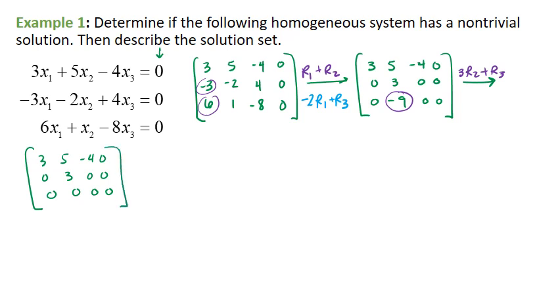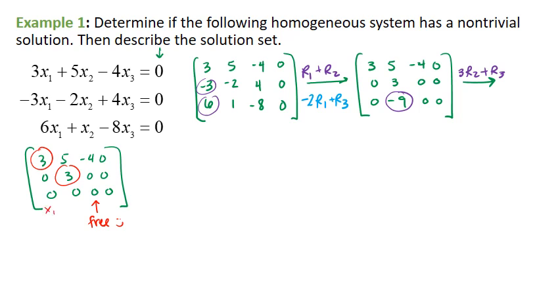Okay, so these are our pivots. We will eventually want to make these 1. But here we will notice that we don't have a pivot, and so this will be our free variable, and that's what we want.